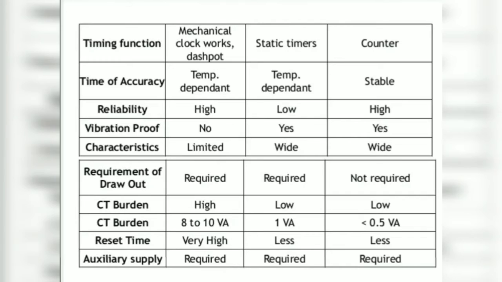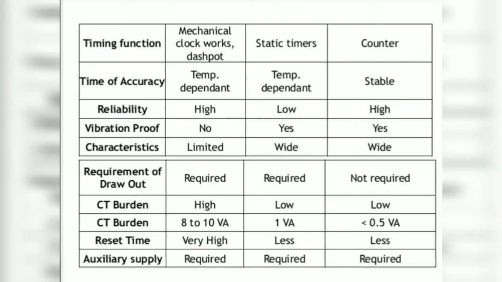Or characteristic: for the electromagnetic relay it is limited, static relay is wide, and the numerical or microprocessor based relay is also wide. The requirement of drawout: drawout is required in electromagnetic relay and static relay, but not required in numerical relay.